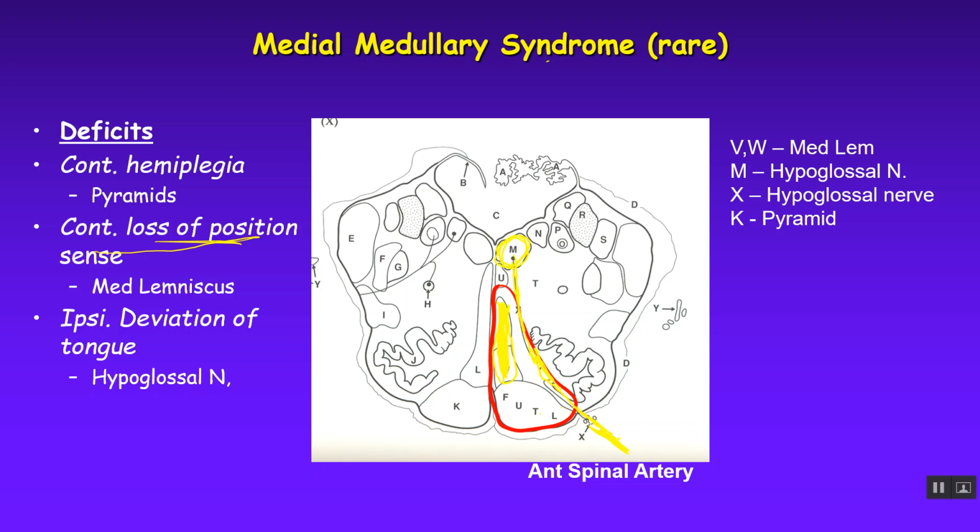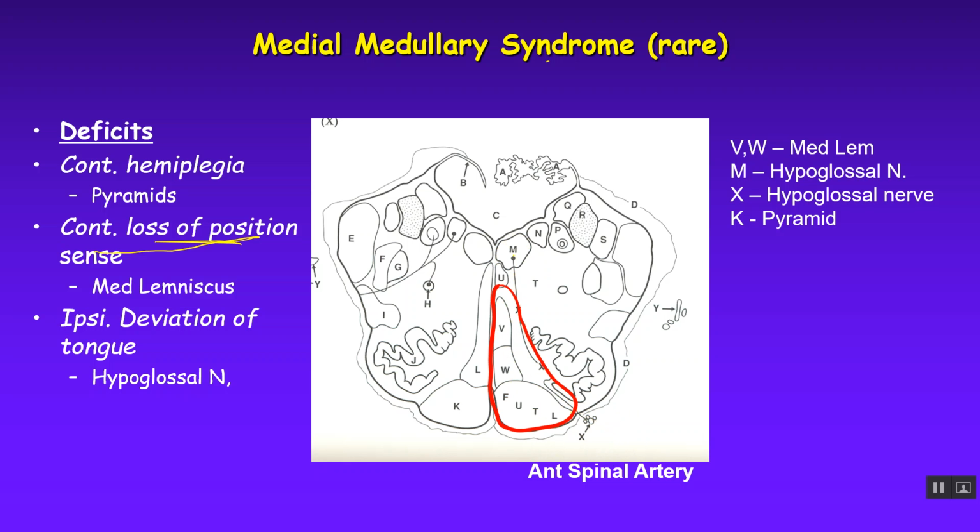When you tell the person to stick their tongue out, the muscles on the right side will push it towards the left, because your weak left ones don't balance it out, so it'll deviate to the left, to the same side as the lesion. That's why it's called ipsilateral. The damage is in the brainstem, so it's going to deviate towards that same weak side, okay? Ipsilateral deviation of the tongue.